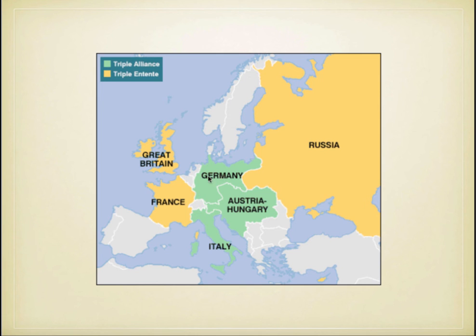This would give Germany a tremendous sense of being boxed in, or in the language of the First World War, being encircled. The British and the French would sign their own Entente in 1904 called the Entente Cordiale, which would ease tensions between those two countries as they each recognized each other's colonial possessions.